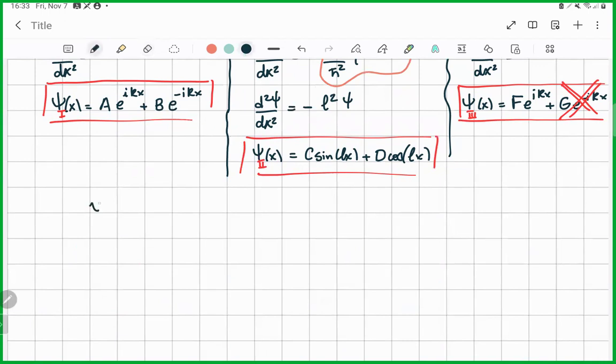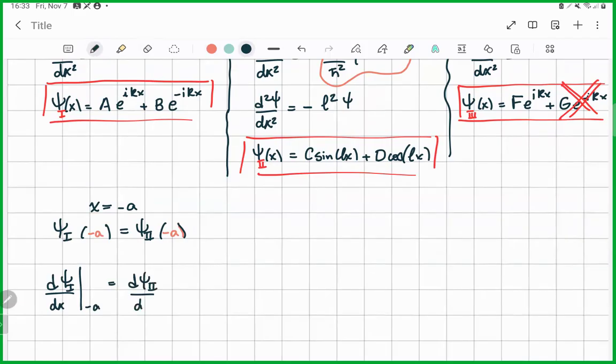So let's write, from minus A, that we need the function psi 1 at minus A to be equal to the function psi 2 at minus A. In addition to that, we need the derivative of psi 1 at minus A to be equal to the derivative of psi 2 at minus A. All right, that's what we need.